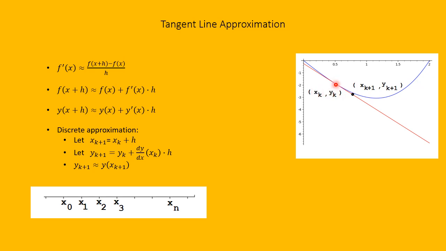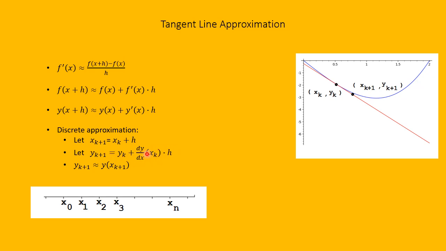If we find the tangent line to this curve at this point, here it is, and if we move over a distance h horizontally, we get another point on this tangent line, and this has coordinates x sub k plus 1, and I'm just going to call it y sub k plus 1, which is this thing right here, or more accurately, this one down here.